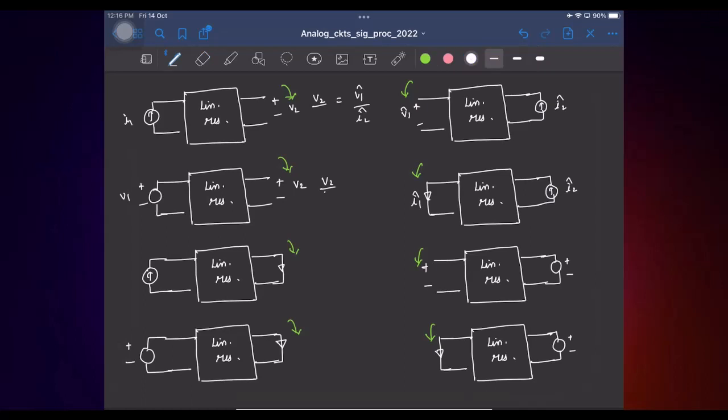So for the second case, the ratio of V2 by V1 will be equal to I1 hat by I2 hat. In the third case, I apply a current and measure the current here. Here I will apply a voltage and measure the voltage. So that gives this relation. And the last is where I apply a voltage, measure the current. And this is what we get.